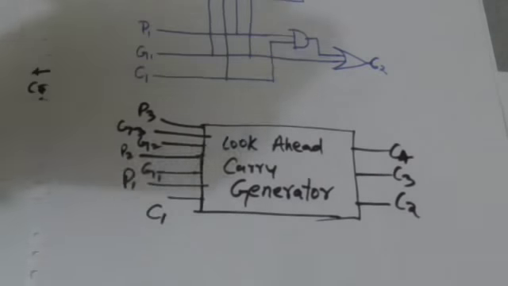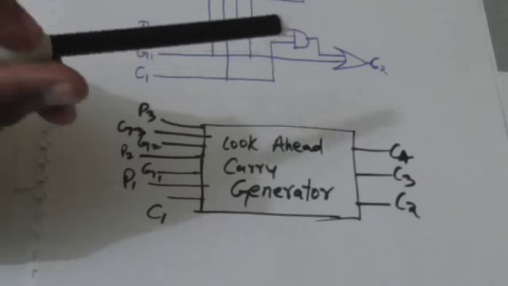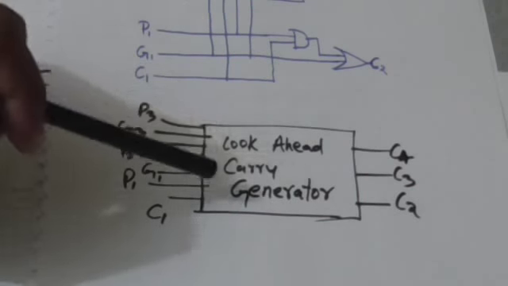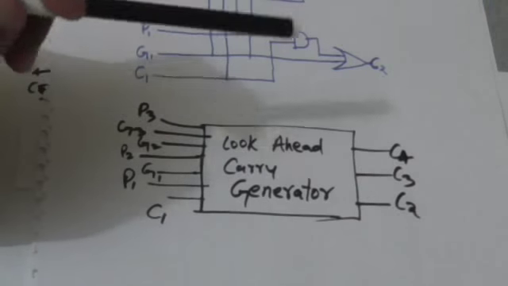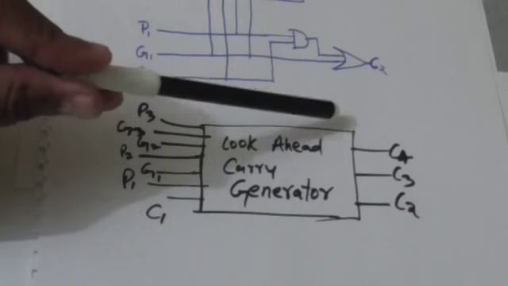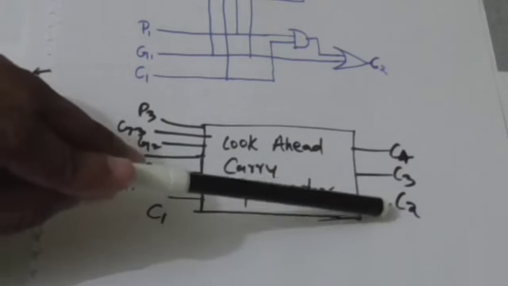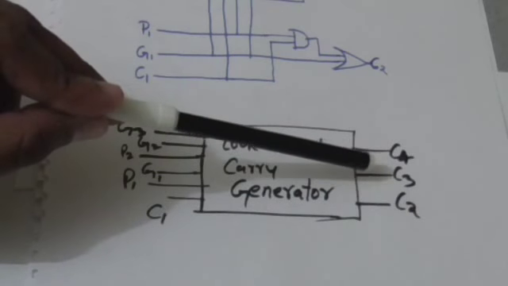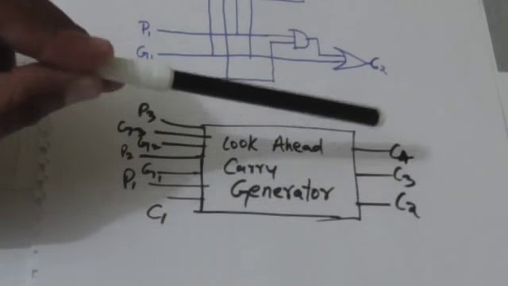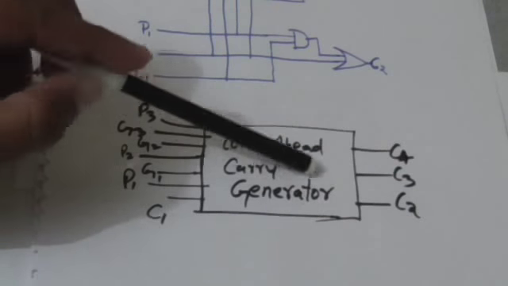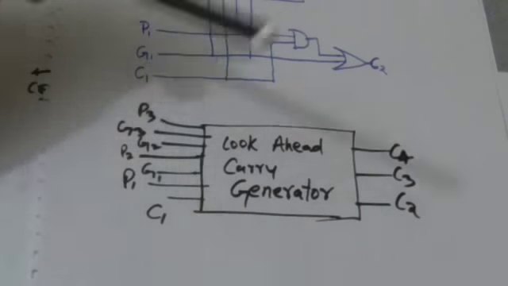So this look ahead carry generator, this combinational circuit, will generate the value of output variables C2, C3 and C4 at the same time.